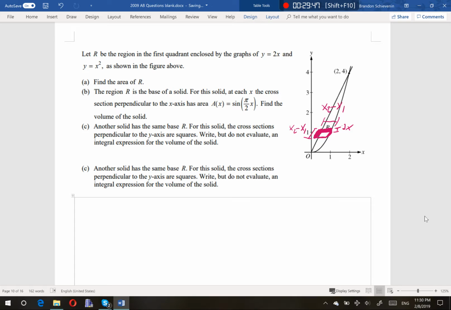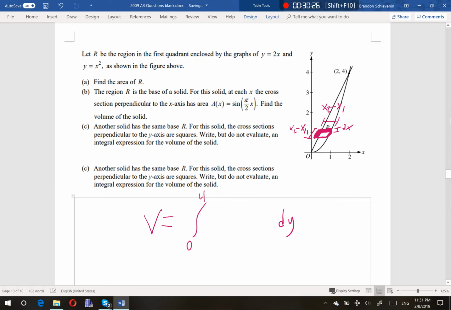Okay. So what should my total volume be then? Integrate from 0 to 4. Okay, we'll end up integrating from 0 to 4 because this will end up being in terms of y.